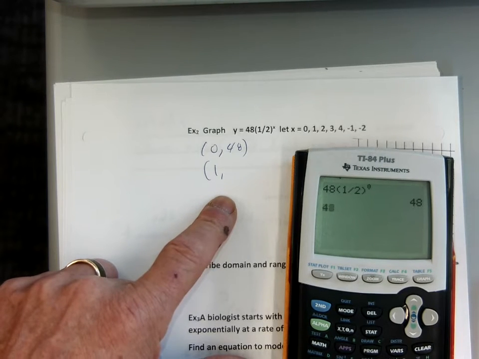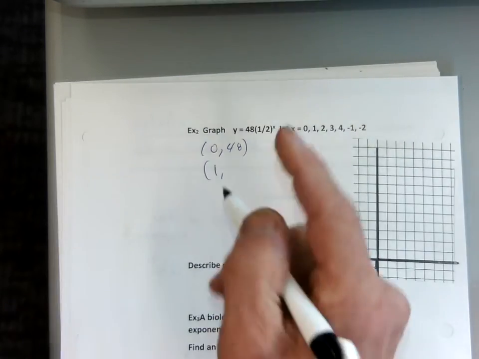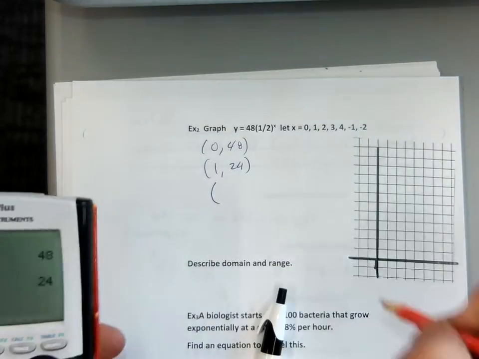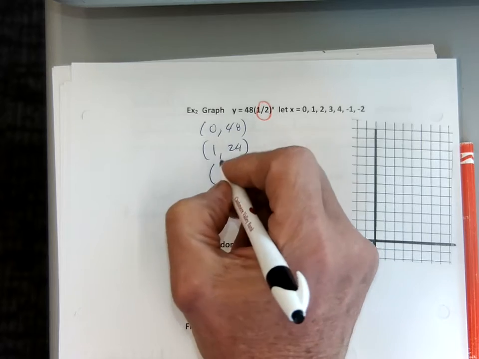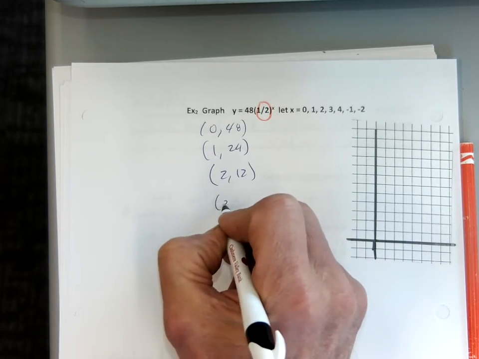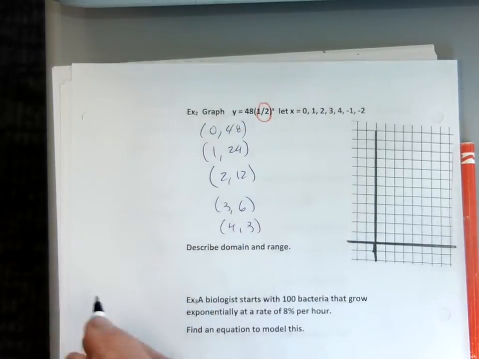I go 48 times 1/2 to the 1 power. I get a 24. And I bet you probably know the pattern, don't you? What do you think the pattern is? Yeah, because I got a 1/2 for my base. You guys agree with that? So I'm going to have a 2 and a 12, a 3 and a 6, and a 4 and a 3, okay?